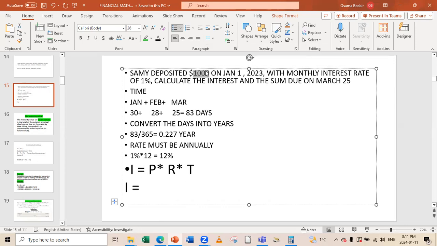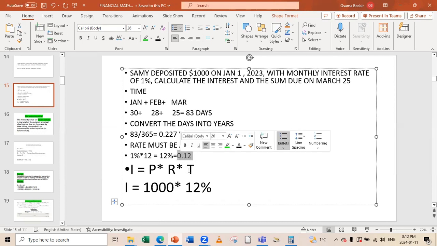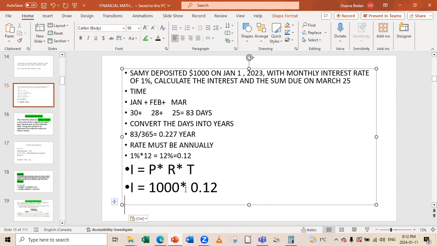Here it is, 1,000. Multiply by the rate. The rate is 12%. Control and C, 12%, Control and V. 12% we can also write as 0.12. That is the 12%. So I can do it this way, because I know now how to do it. So that's fine.